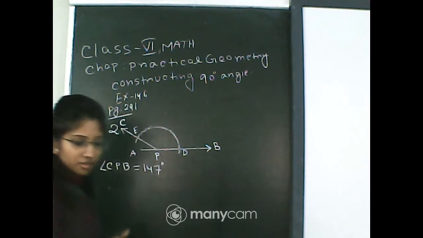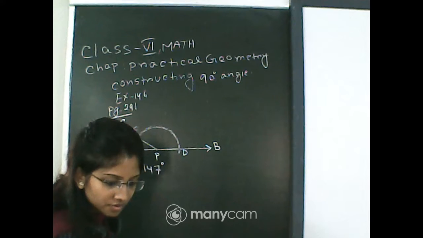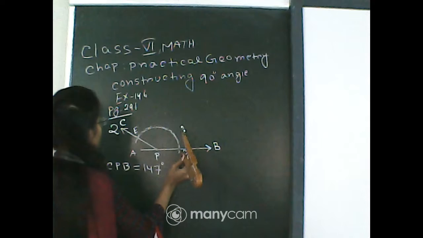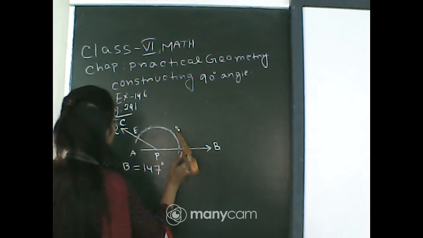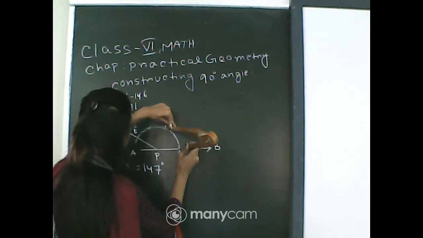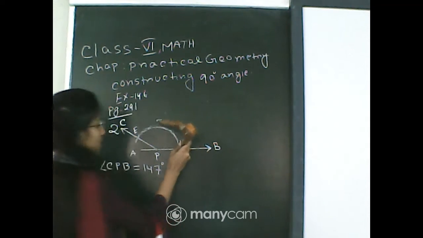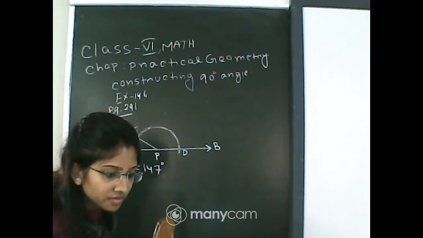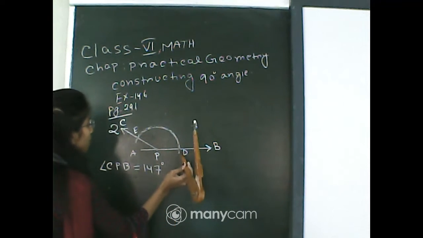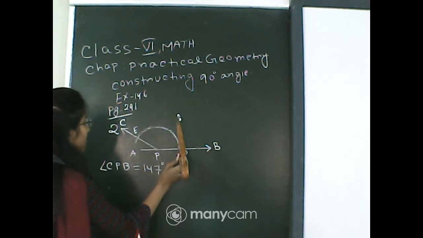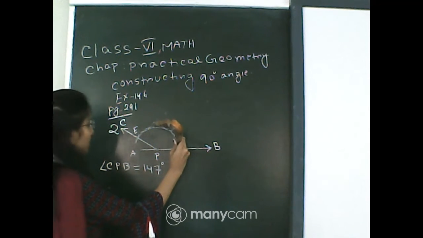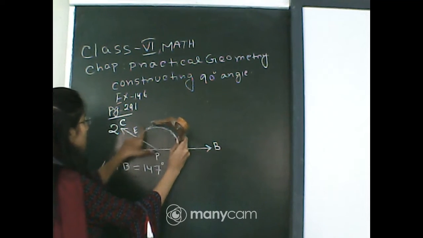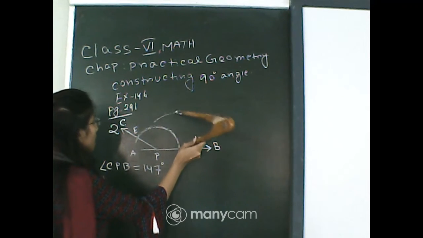Now place the pointer of compasses at D and take radius more than half the length DE, and draw an arc.